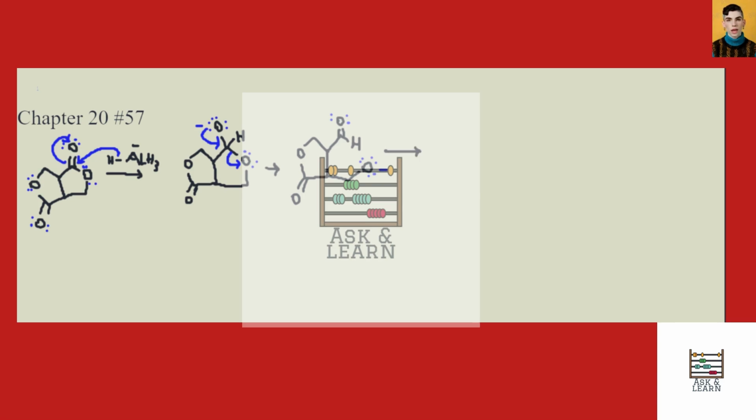And then basically, we're using an excess of lithium aluminum hydride. And so sort of the same thing can happen again. So another aluminum hydride molecule can come along and can again be delivered to the carbonyl carbon.